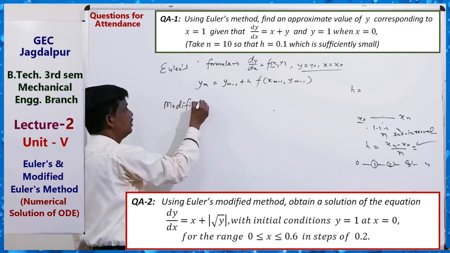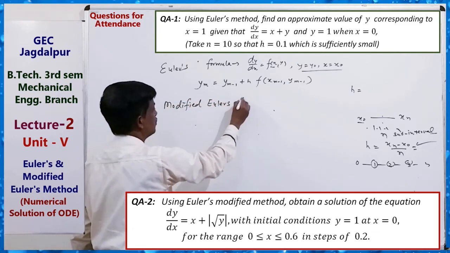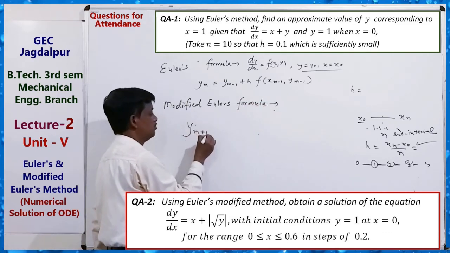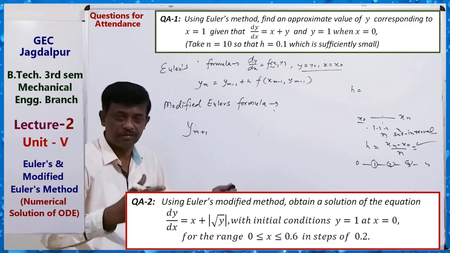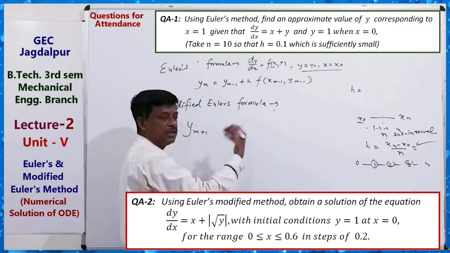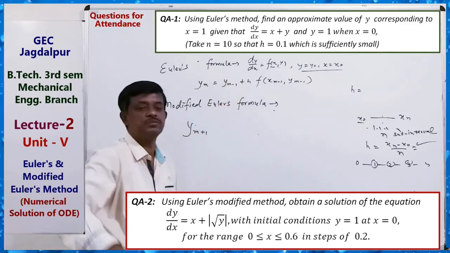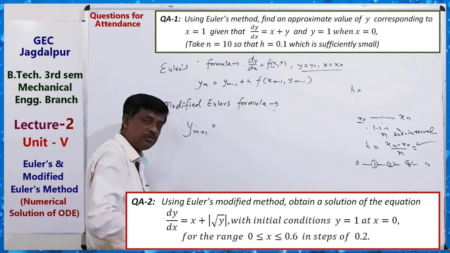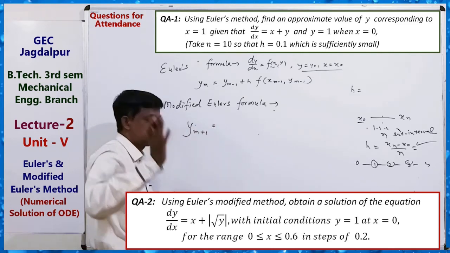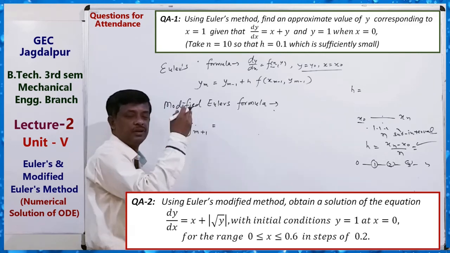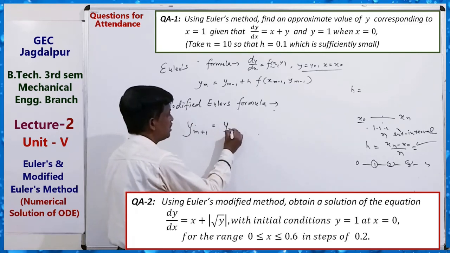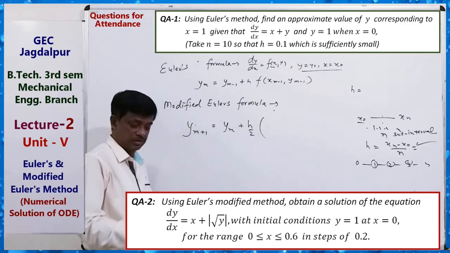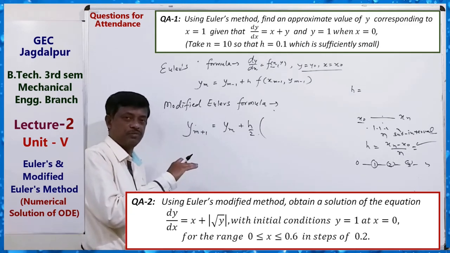For the modified Euler's formula, ym plus 1 for the next approximation in an interval: the first approximation is taken from this formula, and the remaining approximations in an interval for the value of y, we use this from second up to the required step of approximation. ym equals to ym plus h by 2, average of the current slope and previous slope.